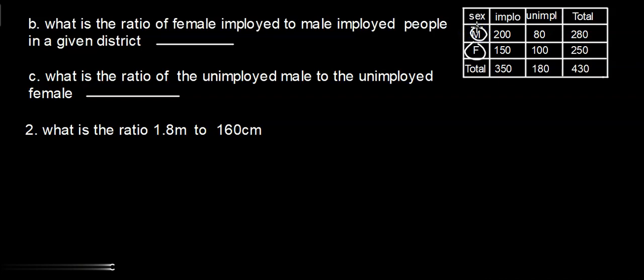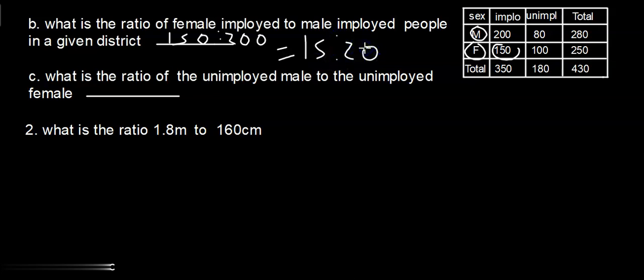The ratio of female employed to male employed: the female employed people are 150, so I say 150 ratio, and the male employed will be 200. When you simplify this, you get 15 ratio 20.